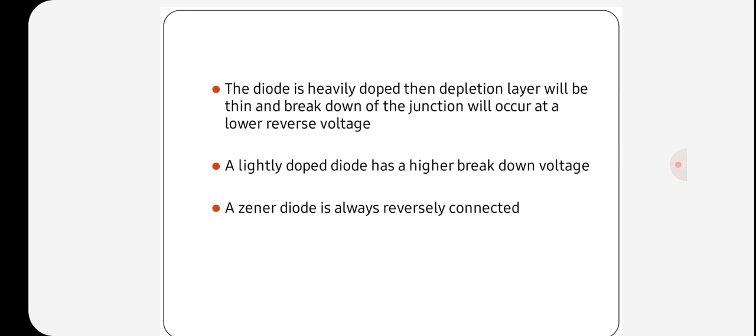So in this VI characteristics of Zener diode, when forward biased voltage is applied to the Zener diode, it works like a normal diode. However, when reverse biased voltage is applied to the Zener diode, it works in different manner.